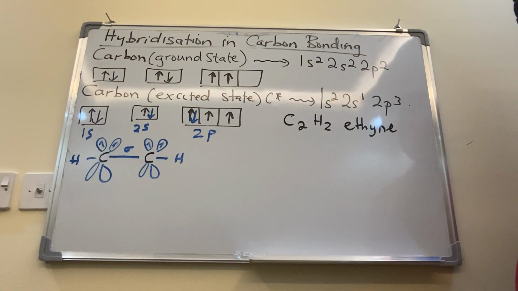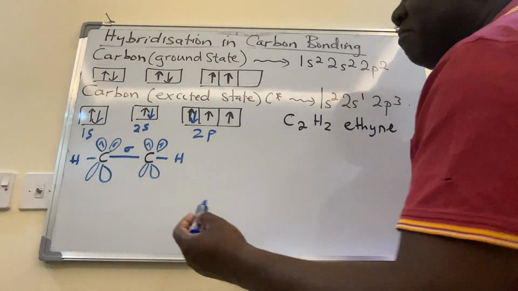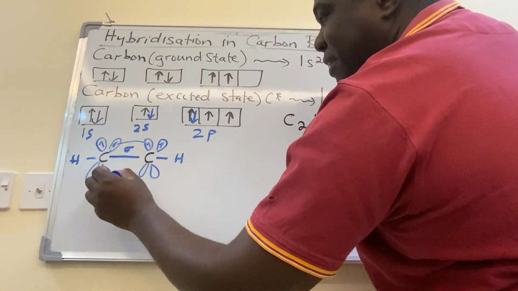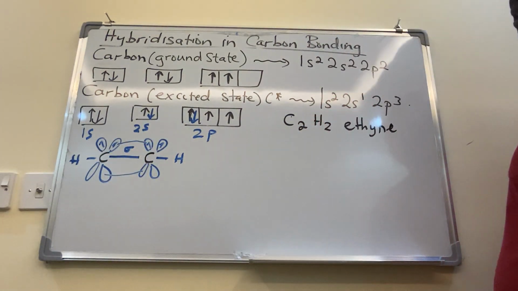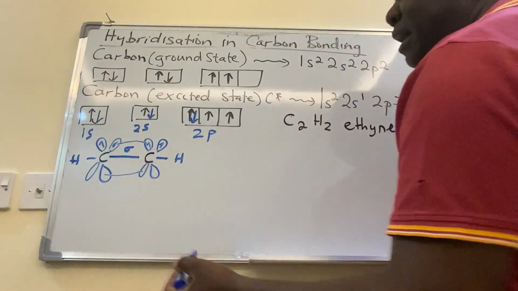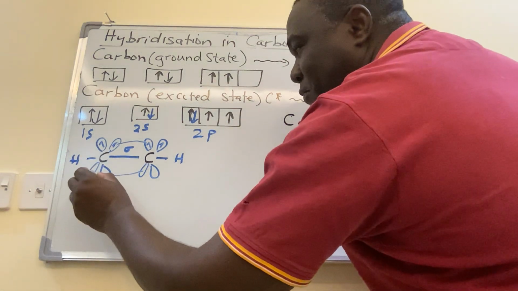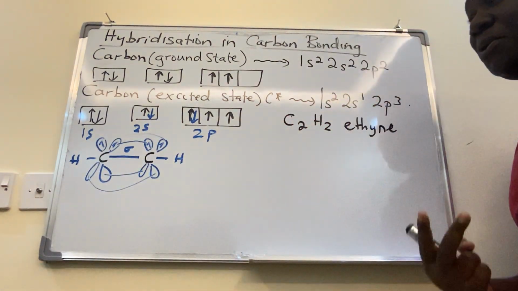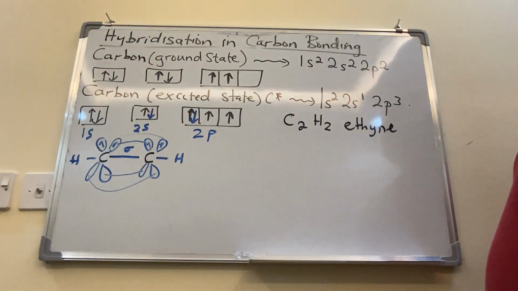So what is your prediction here? What's going to happen? Previously we said these ones will overlap sideways. That's the first sideways overlap. And again, as you predicted, there is also going to be another overlap. So we are actually going to have two sideways overlaps.